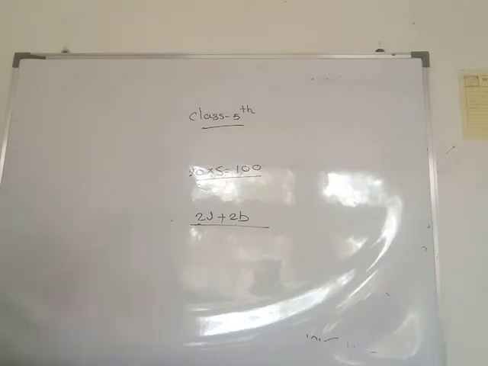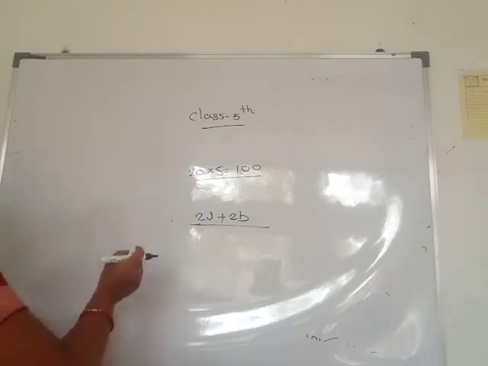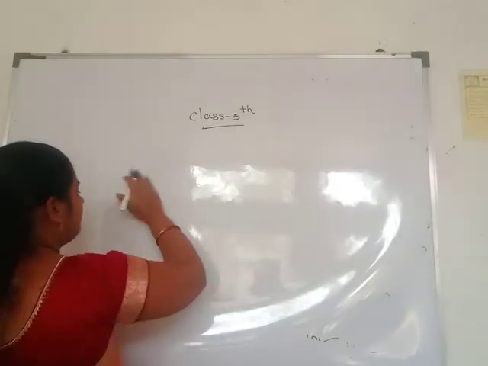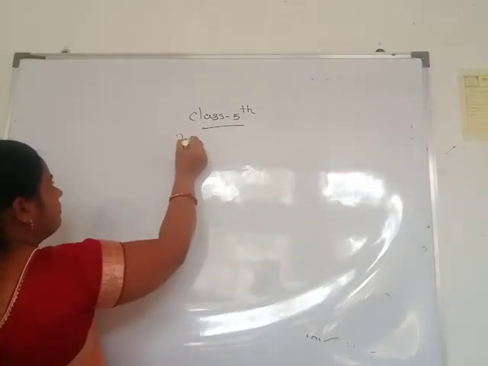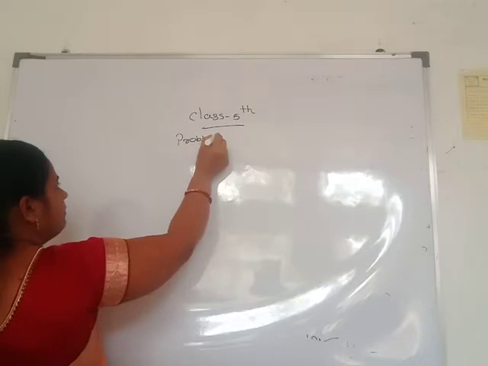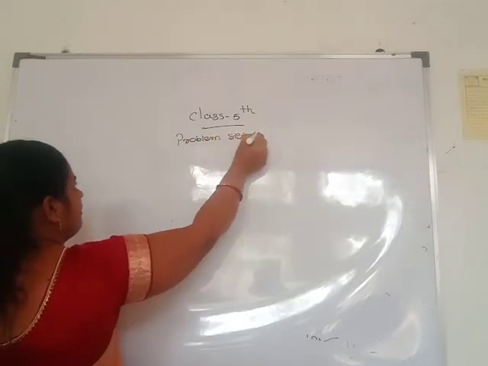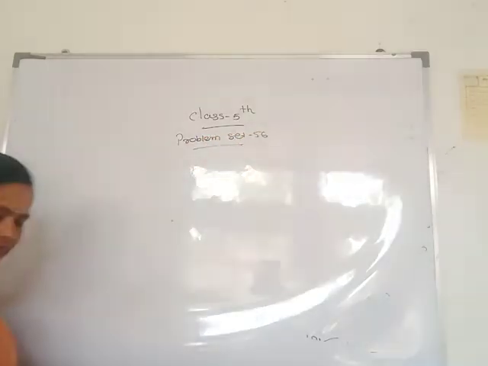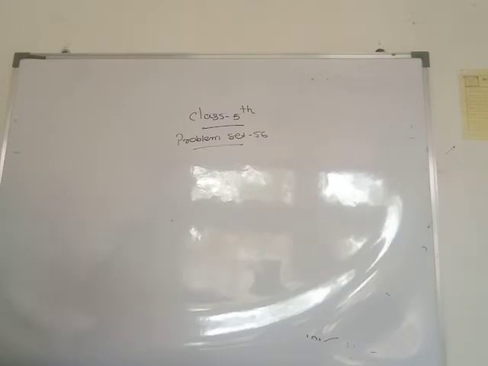Then problem set 56. Use a letter for any number and write the following properties in short. The sum of any number and 0 is the number itself. You use letters here. Suppose you take a as the number.